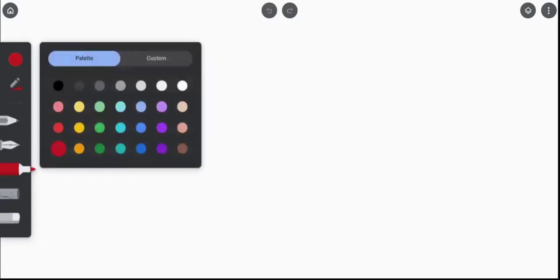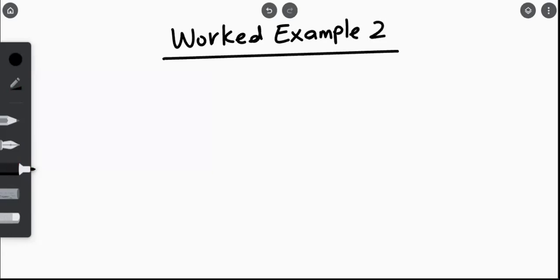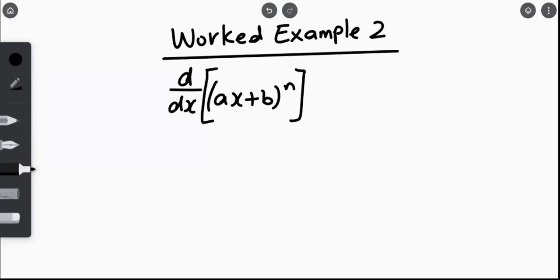Now for work example 2, I will introduce the chain rule. So for chain rule, it will look something like this. The first thing you need to do for this question is, firstly, you need to differentiate.